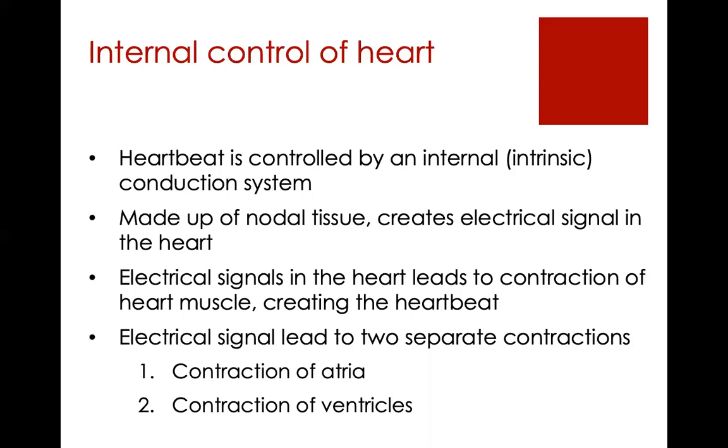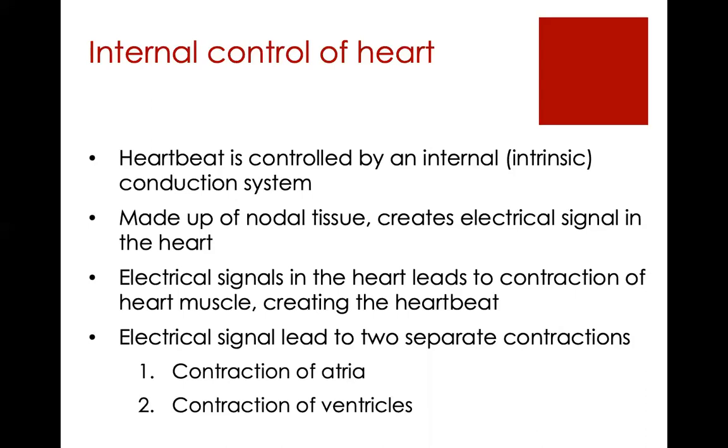It originates from the heart itself, with specialized cells called non-contractile cells. These cells are strategically located throughout your heart and create a path called the internal or intrinsic conduction system. They create electricity throughout the heart, and that electricity causes muscle contraction, and muscle contraction creates the heartbeat.